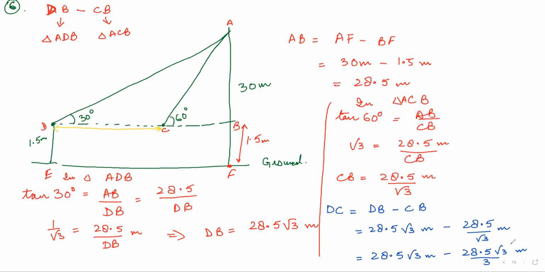I have multiplied numerator and denominator by root 3. Now I can take 28.5 into root 3 common. So I have 1 minus 1 upon 3, right? So this is 28.5 root 3 into 3 minus 1, that is 2 by 3, right?